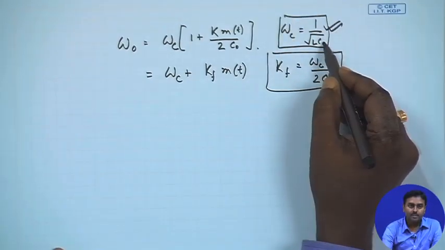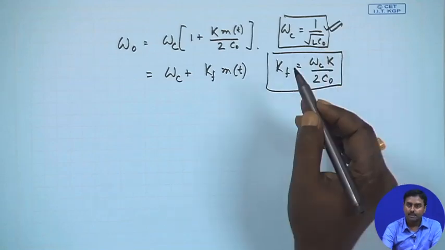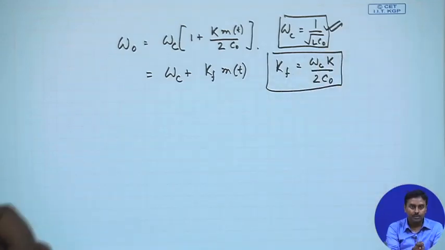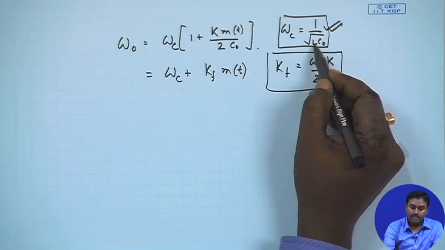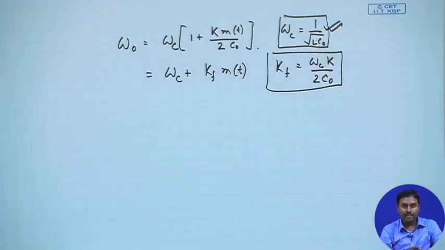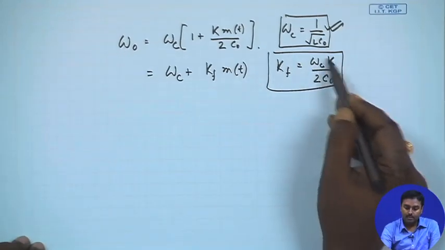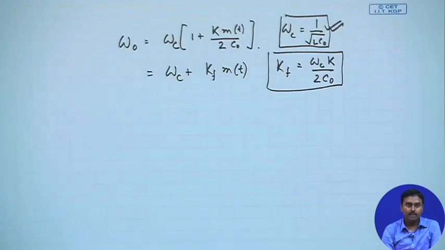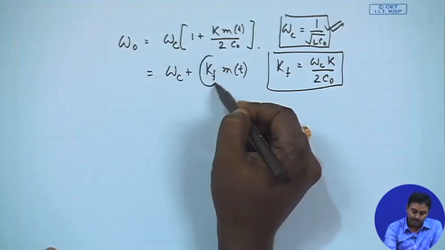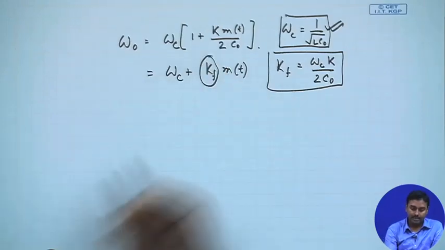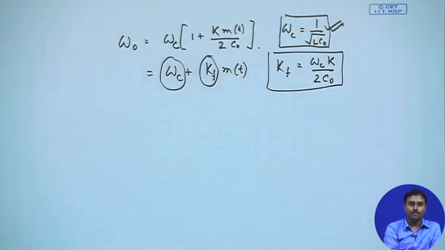Fine. So, C0 is the varicap's rest capacitor, when mt is 0. L is the inductor value, which is fixed for that particular oscillator, and these are all parameters coming from the particular oscillator. So, immediately I can get some Kf of that oscillator and some omega c of that oscillator.